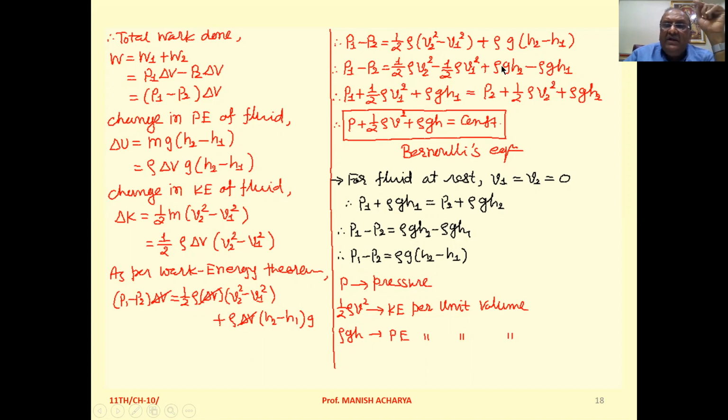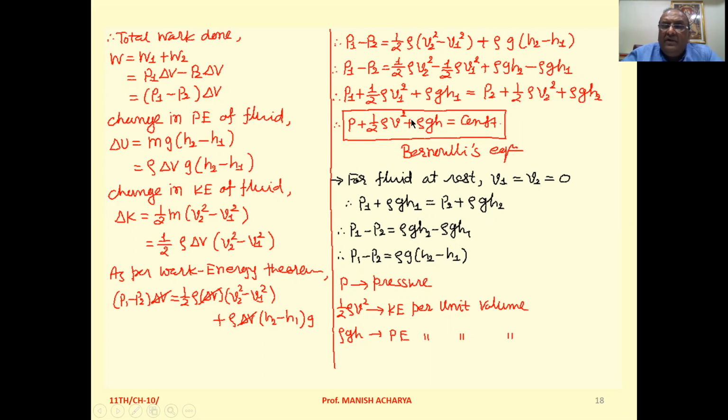Now, take the terms with 1 on the left-hand side and the terms with 2 on the right-hand side. So we can write P1 plus half rho V1 square plus rho g H1 is equal to P2 plus half rho V2 square plus rho g H2.